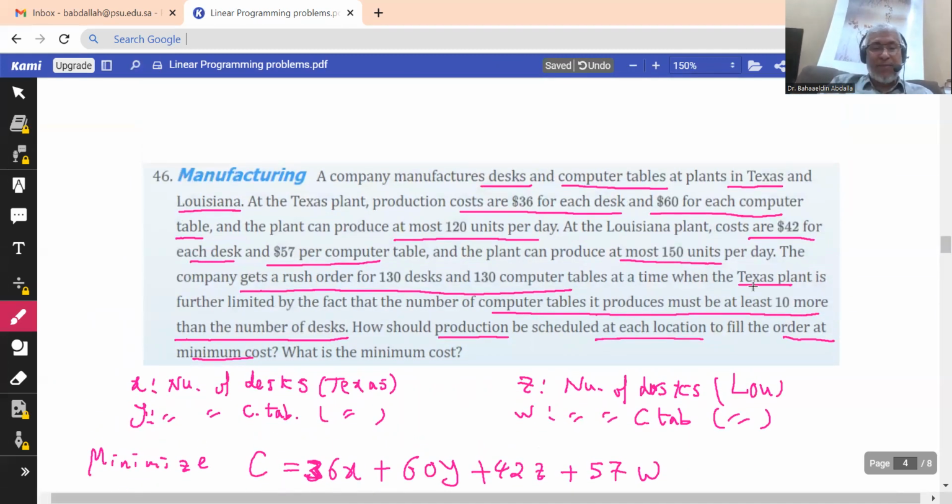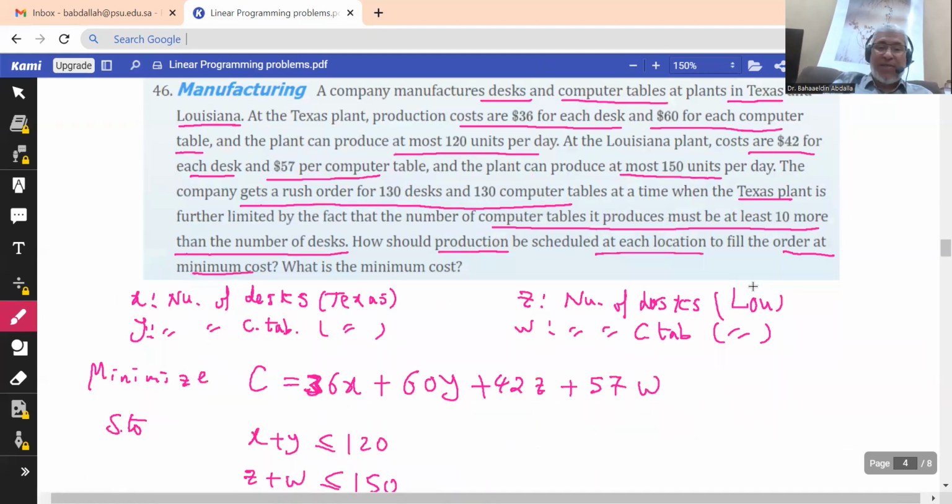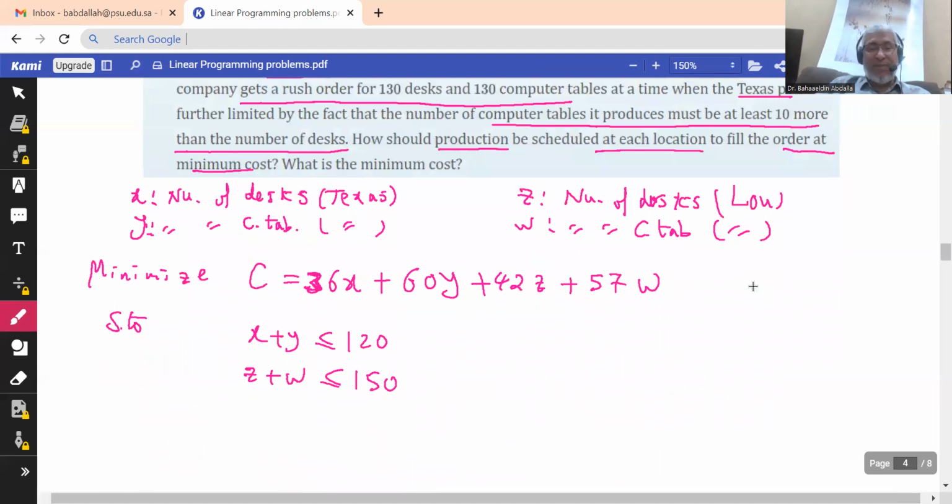Okay, what else? Here the company gets a rush order for 130 desks. So we need 130 desks, okay? So the number of desks should be at least 130.